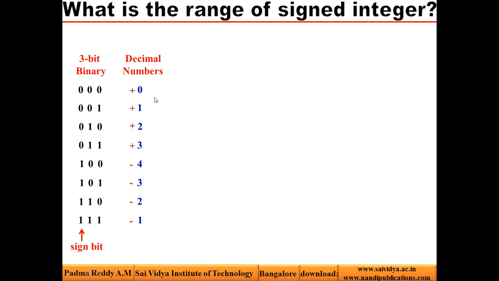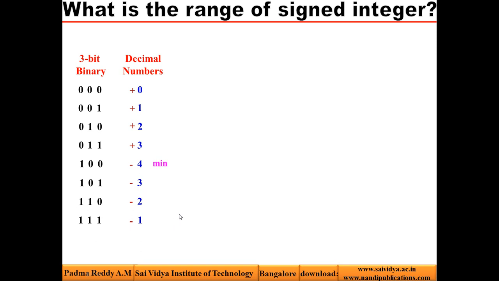So, now observe these numbers. Tell me what is the least number and what is the maximum number. This is the minimum number. Minus 4 is minimum. So I write minimum here. If I add 1 to minus 4, it will be minus 3. Minus 3 plus 1, it is minus 2. Minus 2 plus 1, it is minus 1.